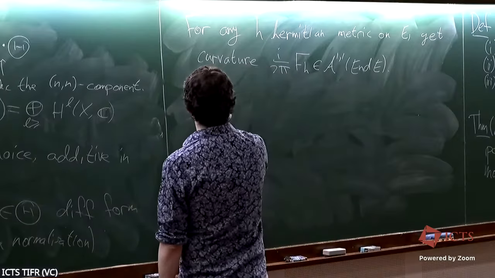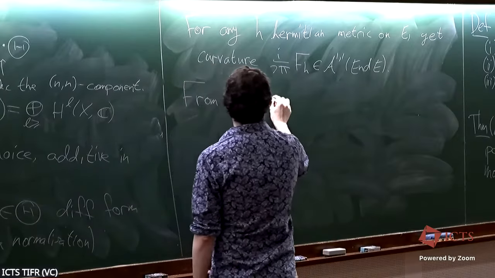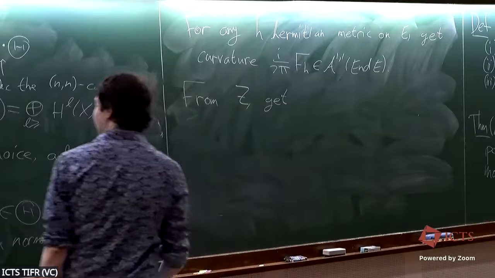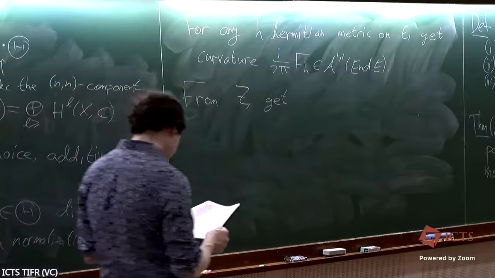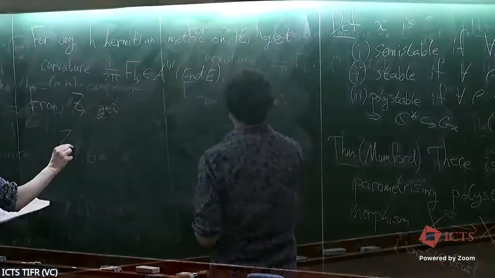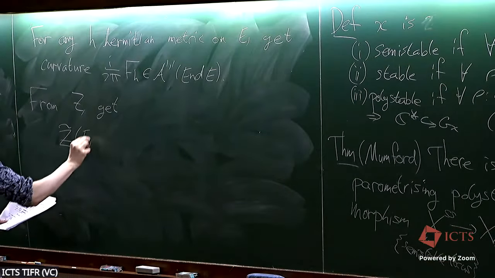Okay. So from Z, what do we get? We just replace these classes by their Chern-Weil representatives. So we get Z tilde of (E,H).